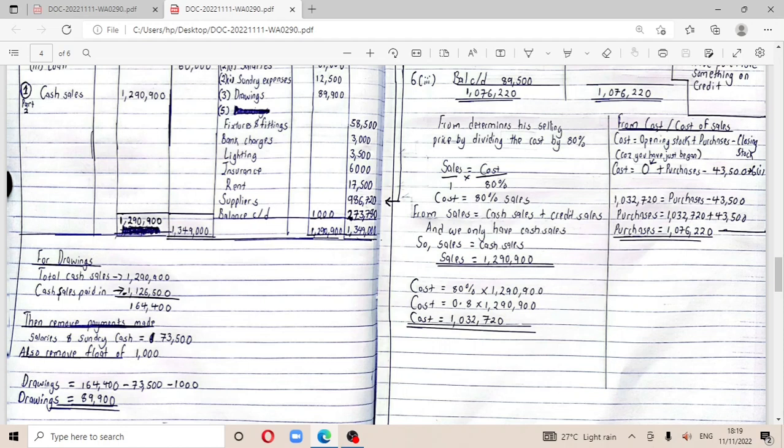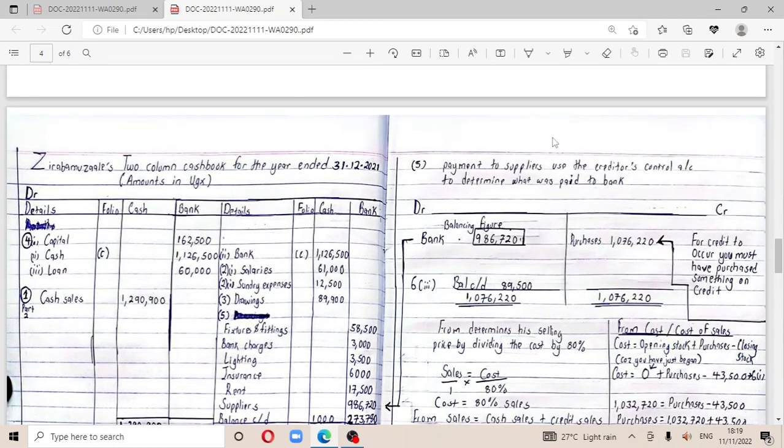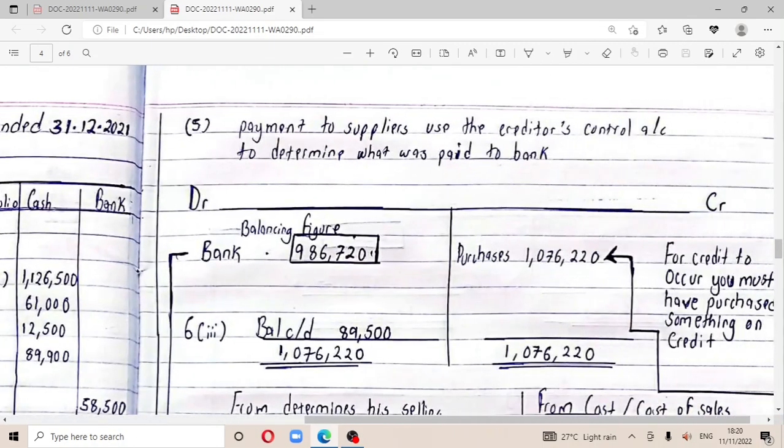Now for this figure for suppliers, since I already have a worked out solution, we can imagine we are not having it, and I'm going to show you how I arrived at that figure. Since I told you, when you look at note number 5, payment to suppliers, we are going to use the creditors control account to determine what was paid from the bank.